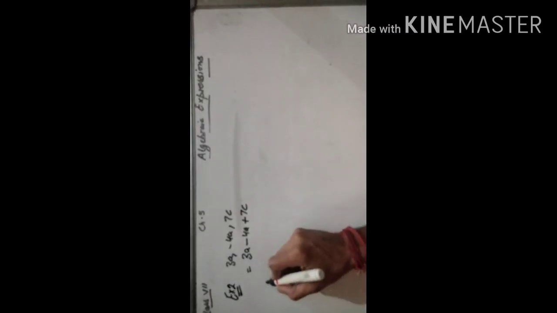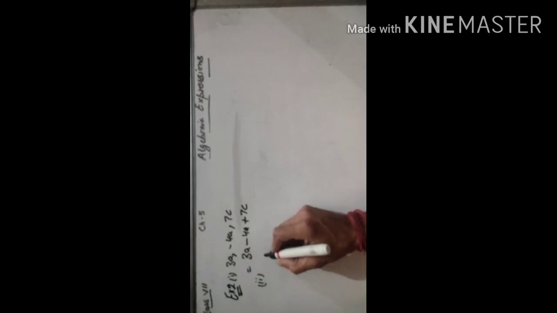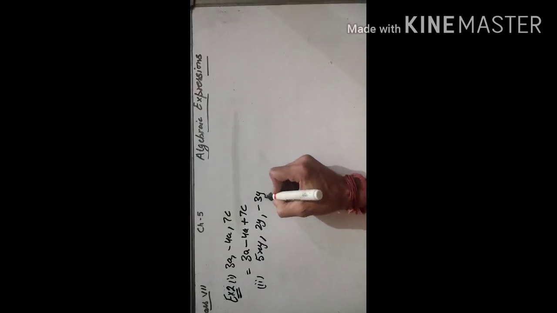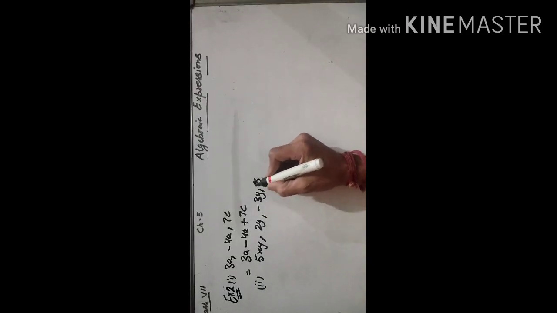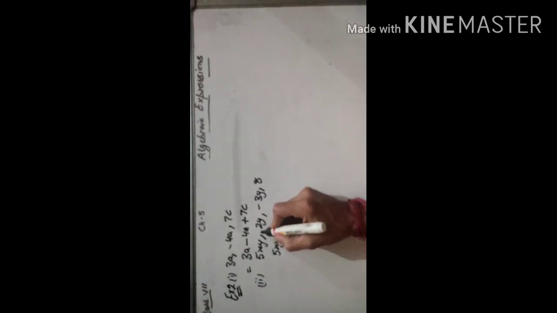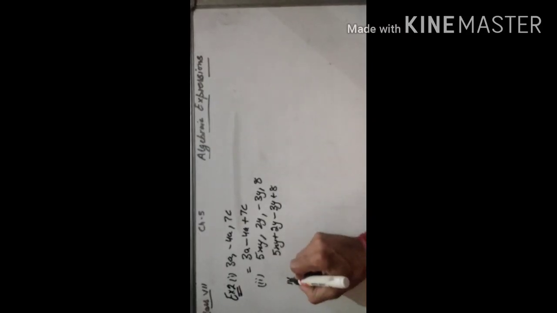This is an algebraic expression. Second part is 5xy, 2y, minus 3y and 8. So 5xy, plus sign is not there, then plus 2y minus 3y plus 8.